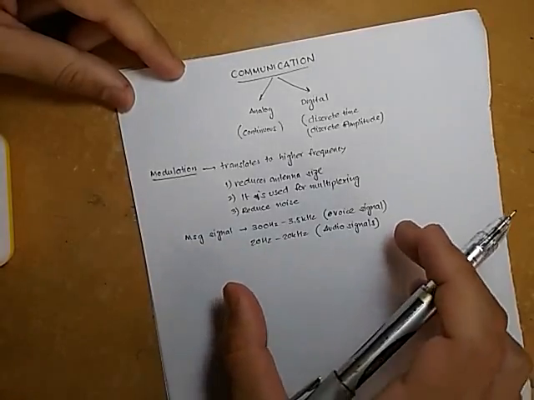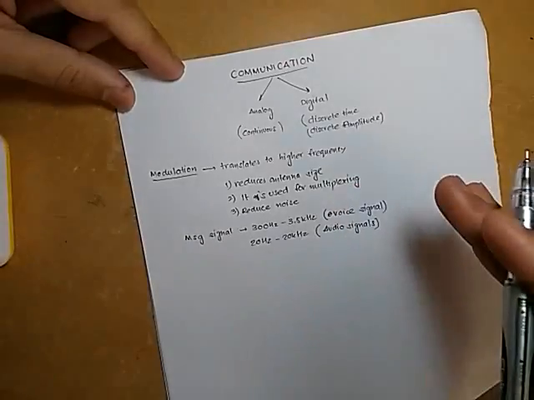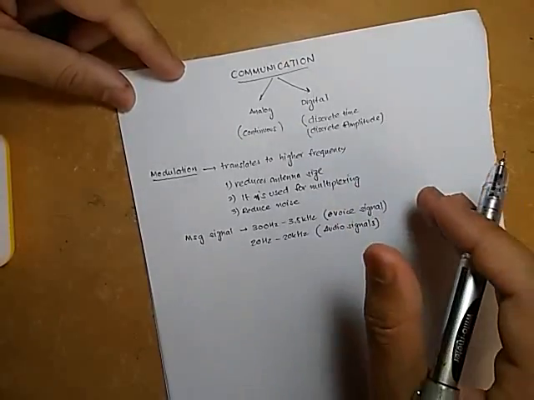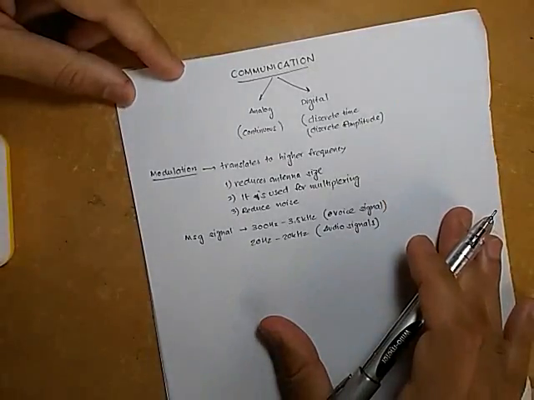So voice signals and audio signals are the main message signals that we use to transfer. So this was regarding modulation and the message signal.